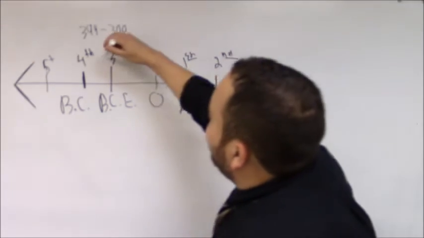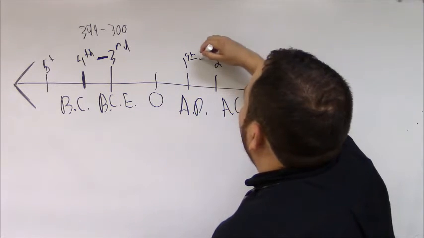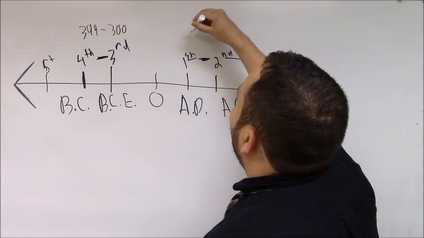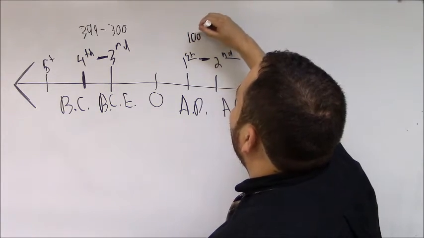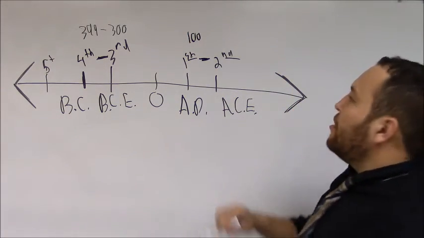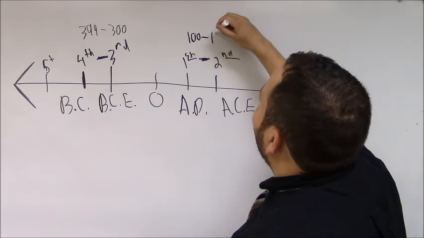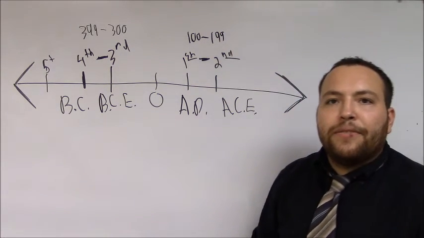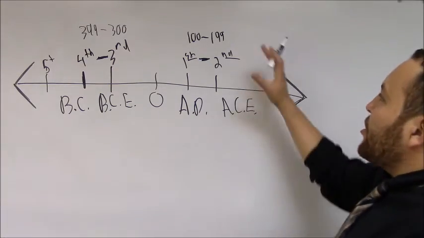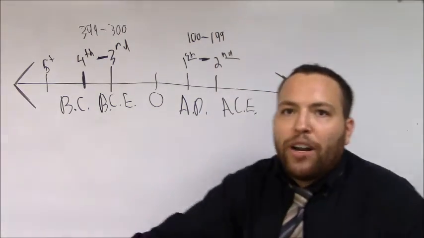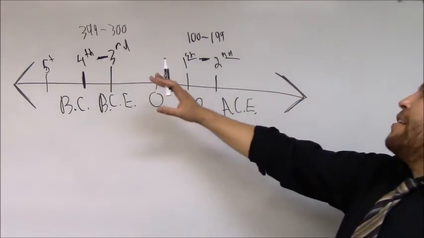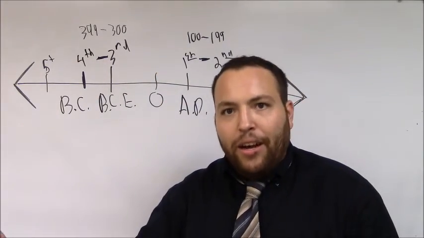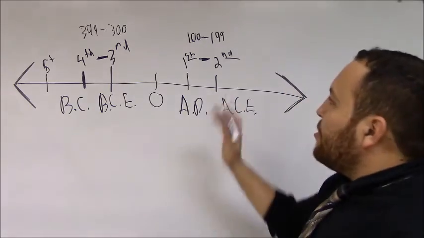What I'm saying here is that he lived in this time period from 100 AD to 199 AD. Right? So the 2nd century is from the year 100 to 199. 3rd century would be from 200 to 299. Right? So it's a bit different there.